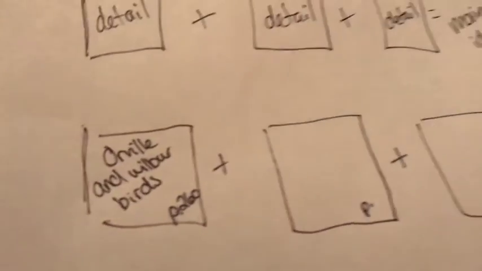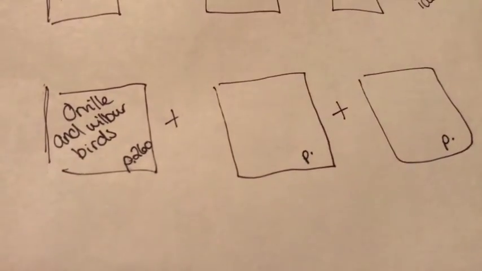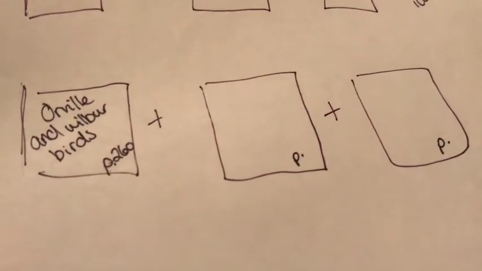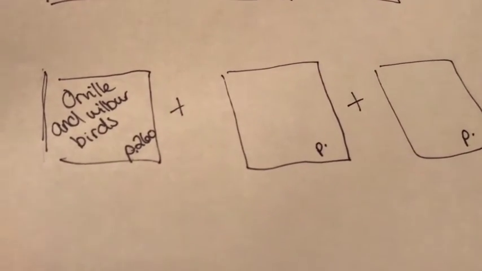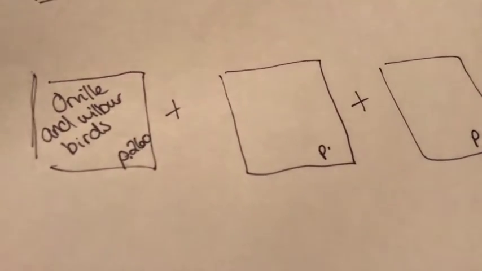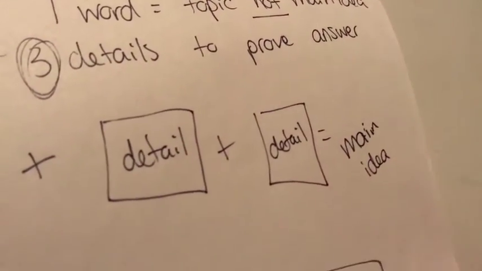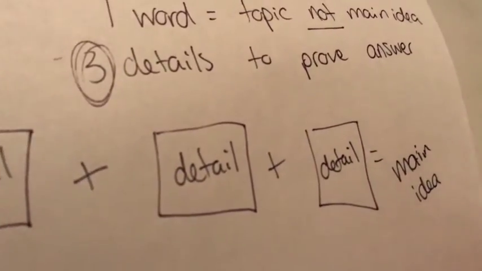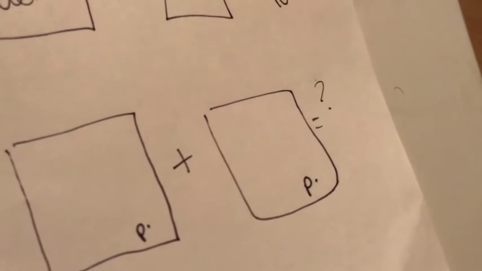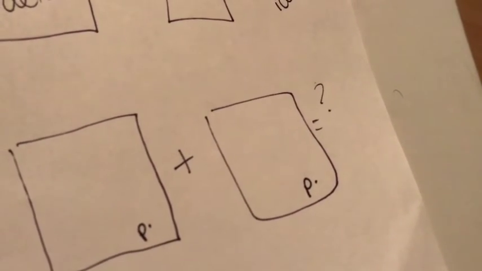Now I want you and the teacher that's with you to come up with 2 other examples, 2 other details that would create our main idea. And our main idea is, if you have not figured it out yet, you need to pause this right now, because I'm not going to just throw out answers for you. You know that. I make you work for them.